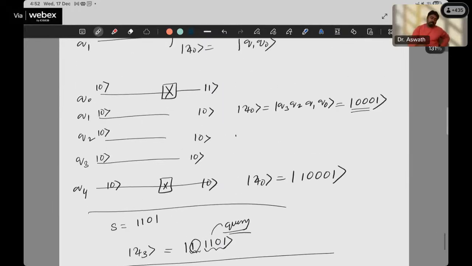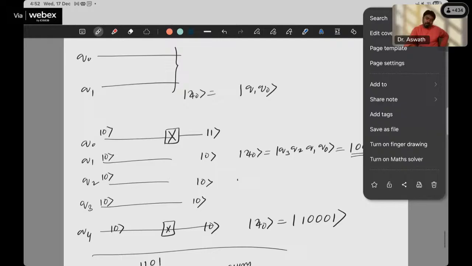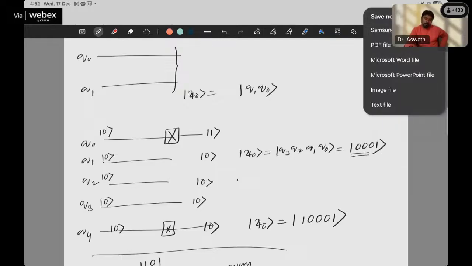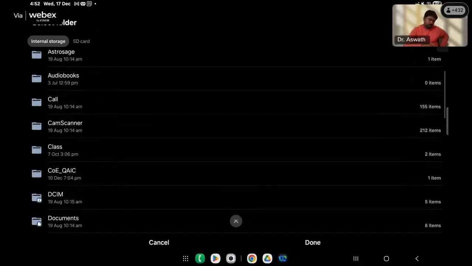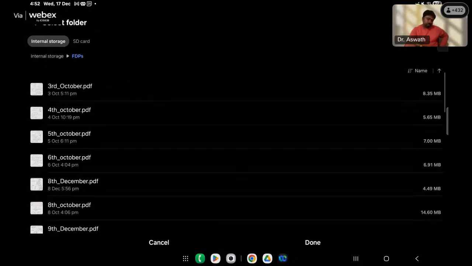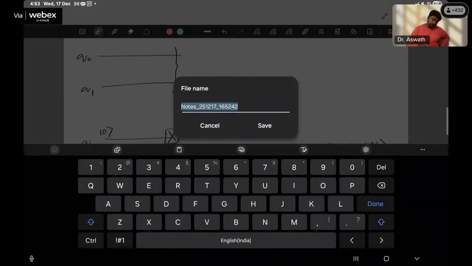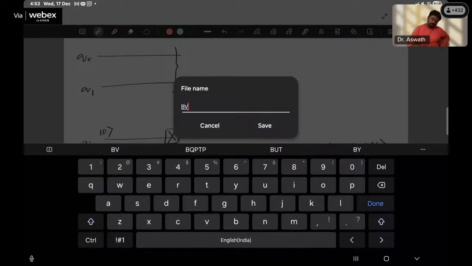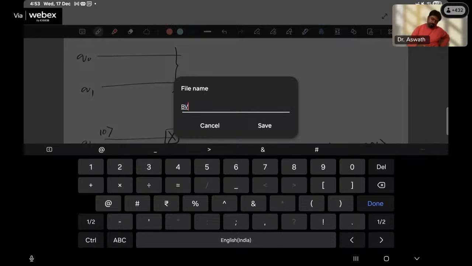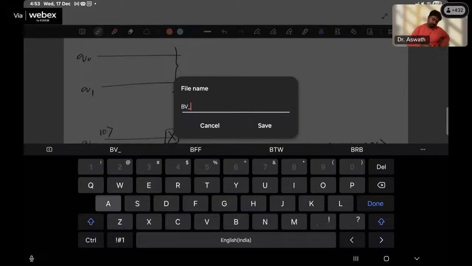Till yesterday, I had added every note and everything to the drive, so please check it if you want. First is for the BV algorithm notes.